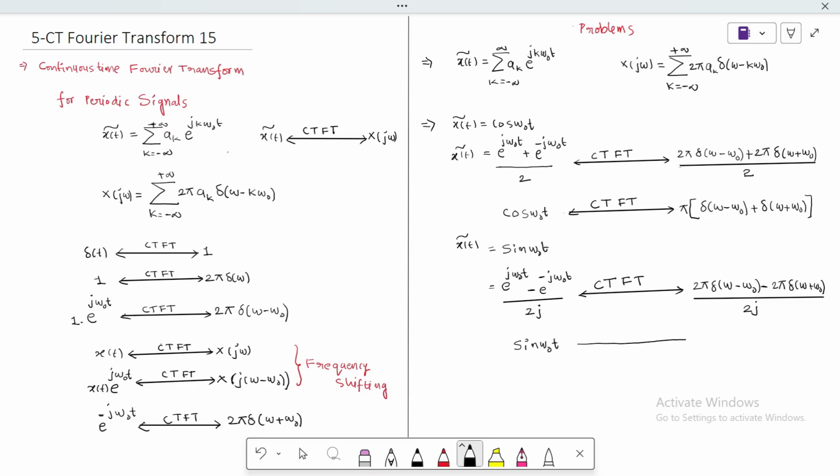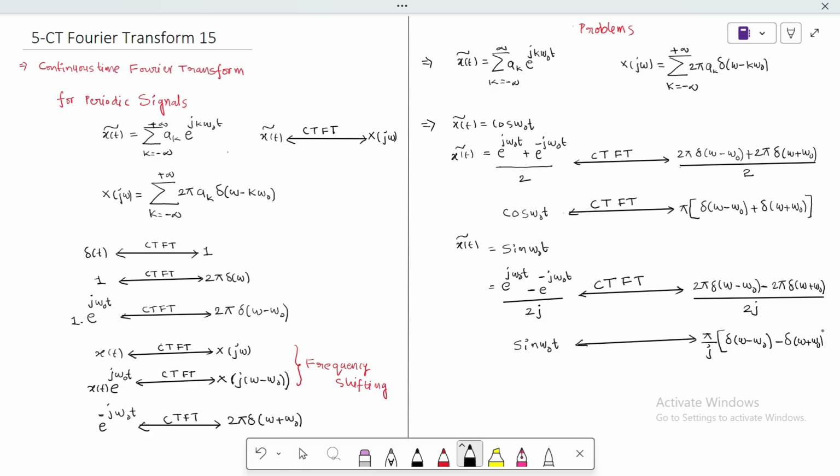Its Fourier transform is pi by j, which is common, times del of omega minus omega naught minus del of omega plus omega naught.